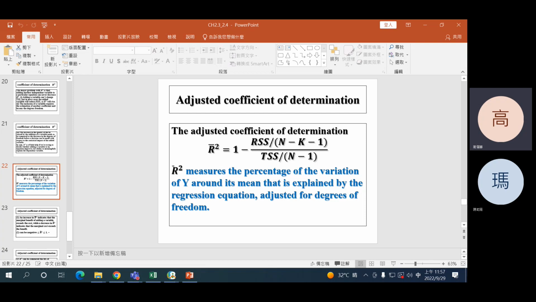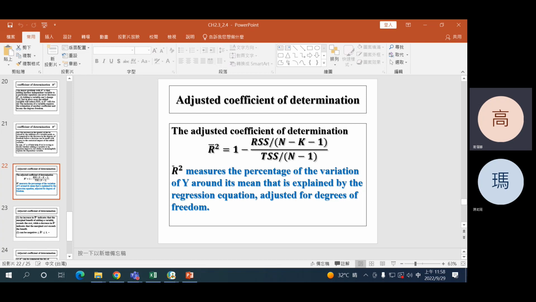Adjusted R square is equal to 1 minus RSS divided by n minus k minus 1, over TSS divided by n minus 1. In statistics, this is what we call degrees of freedom.